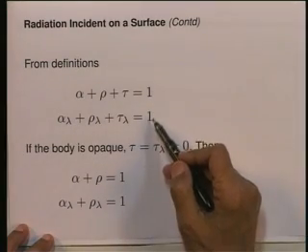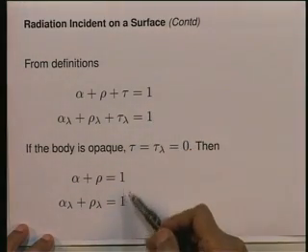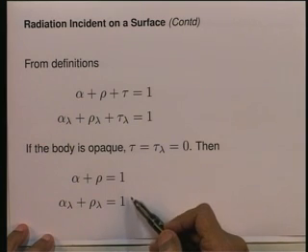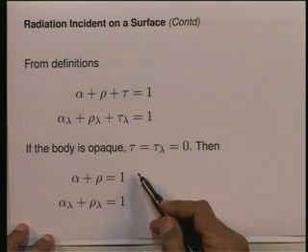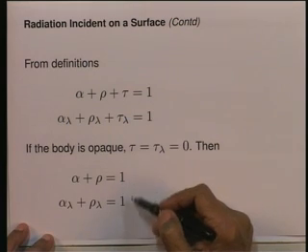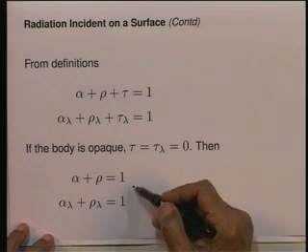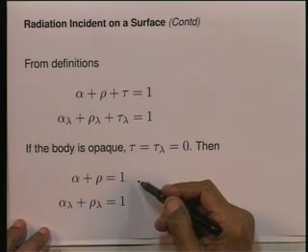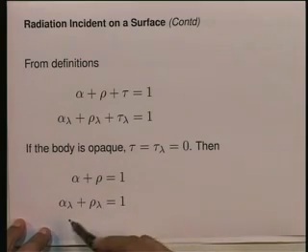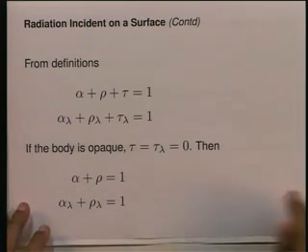So, instead of the first two expressions here, I get these two expressions if the body is opaque and no radiation is transmitted through it. And this is very true very often, because we deal very often with metallic surfaces. So, no radiation goes through, and alpha plus rho is equal to 1, alpha lambda plus rho lambda is then equal to 1.